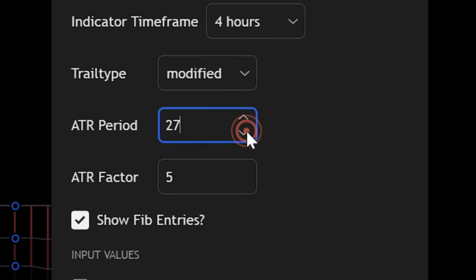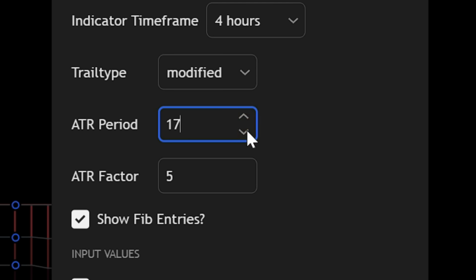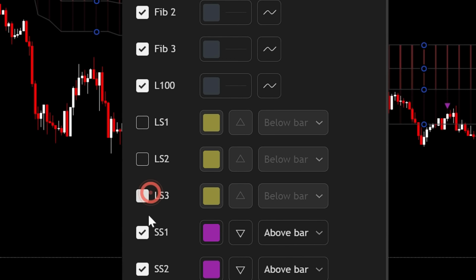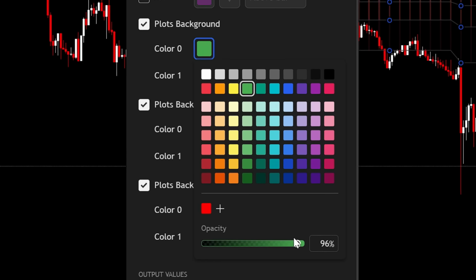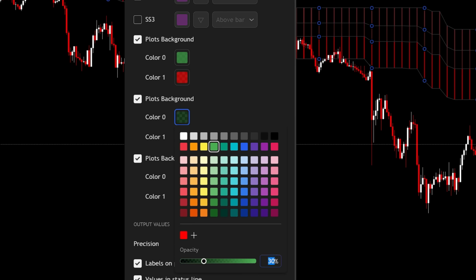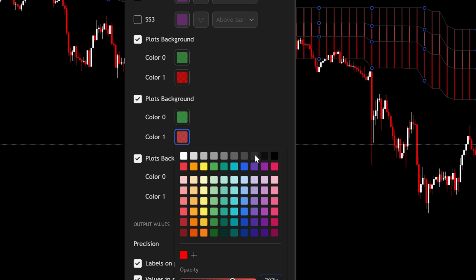Then set the ATR period to 10, but leave the ATR factor as it is. Next, go into the Style tab and turn off everything except the fib levels and the plot backgrounds. That way your chart stays clean and you can focus on the signals.